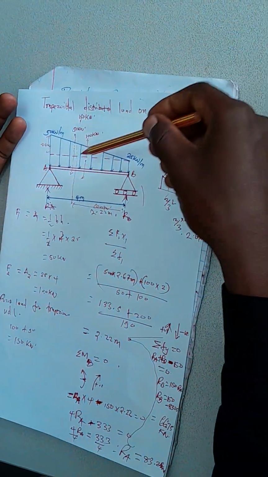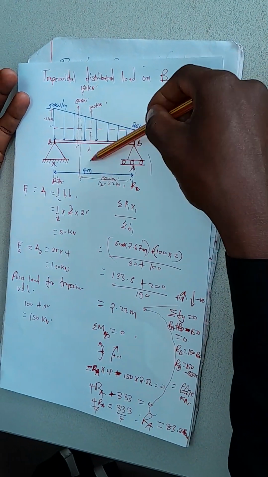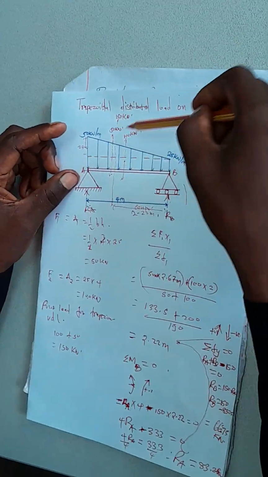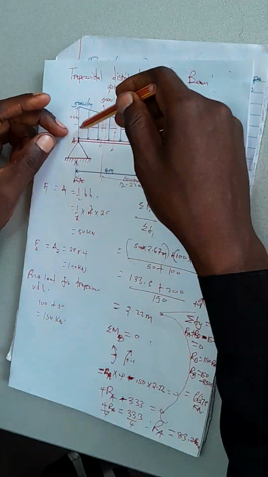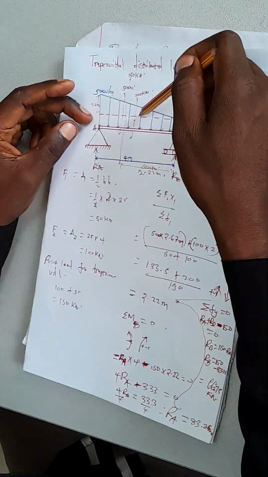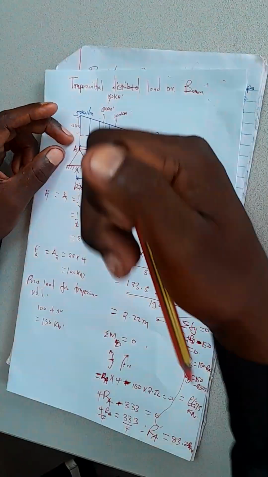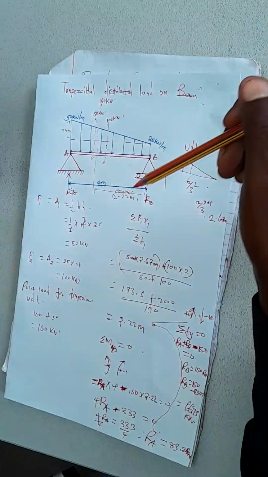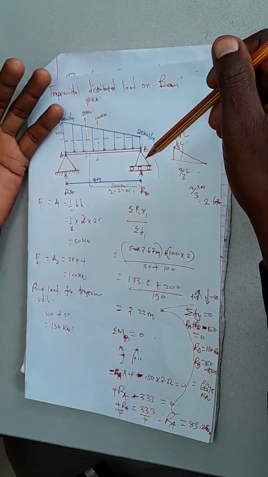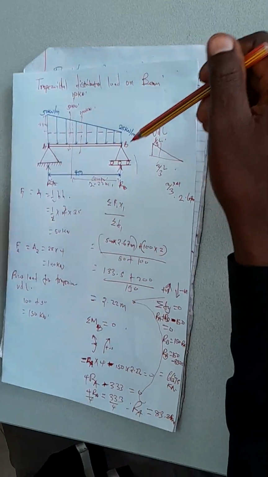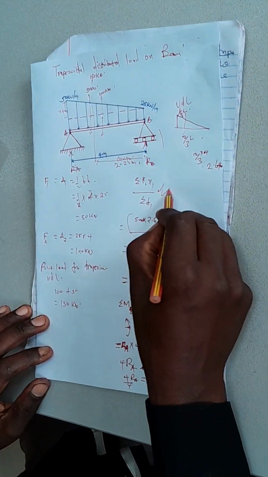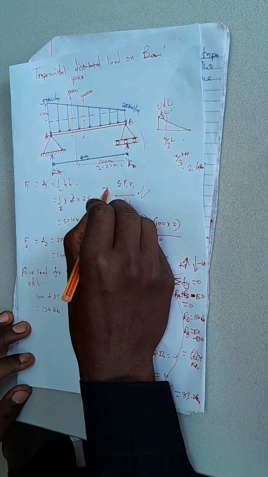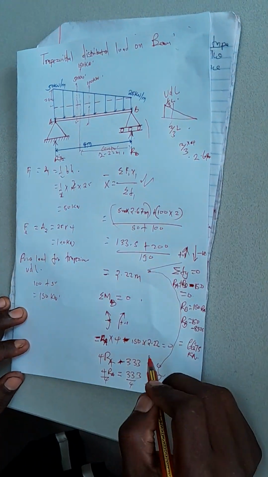So the first thing, you divide the section into a triangular part and a rectangular part. Then you look for the point load. For example, you take the area of the rectangular part, you get the point load for the rectangular part. You take the area of the triangular part, you get the point load for the triangular part. Then next, you get the centroid for this trapezium. The formula is this. The centroid, we put it as bar x.